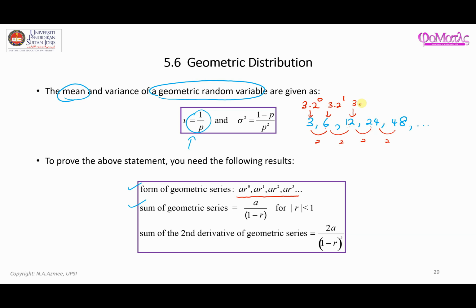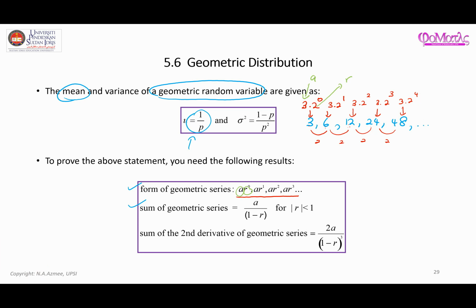Next, 3 times 2 to the power of 2, so 3 times 4 is 12. 3 times 2 to the power of 3, so 3 times 8 is 24. And here we've got 3 times 2 to the power of 4. 2 to the power of 4 is 16, and 16 times 3 is 48. So that's how you can express a geometric series, where you can clearly see the value of a and the value of r.